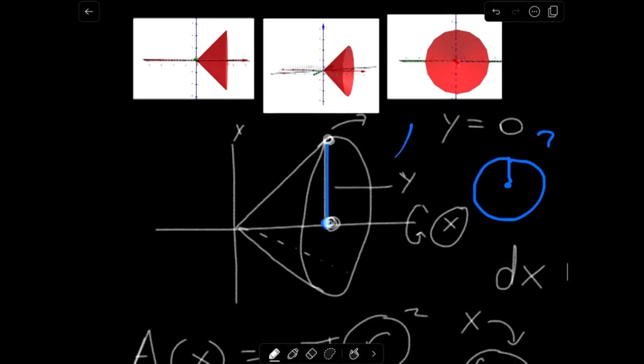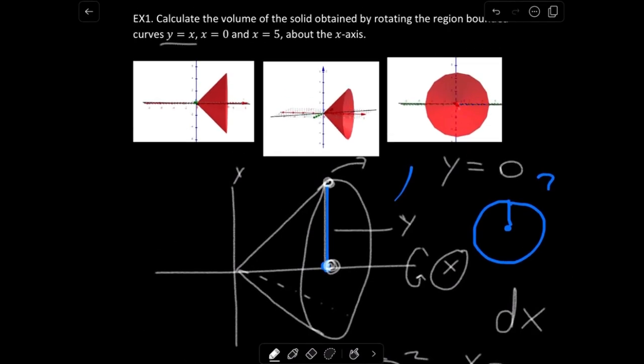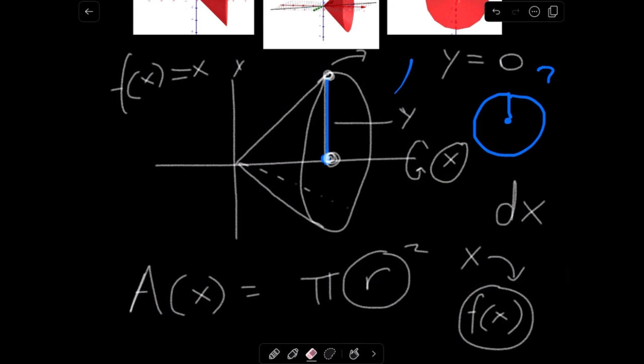So what's f of x equal to? Well, in this example, the curve is f of x is equal to x. So this radius is actually just a y value, and the y value on any point of this curve is equal to x because it's the linear line y is equal to x.